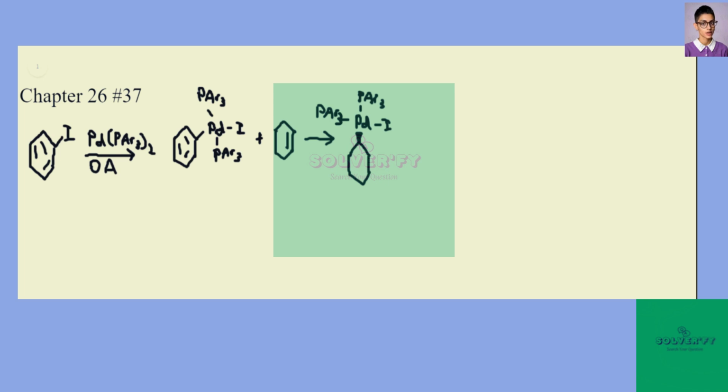Okay, and the phenyl ring will be here. Okay, and so now the third step that's going to happen here is going to be a syn elimination.